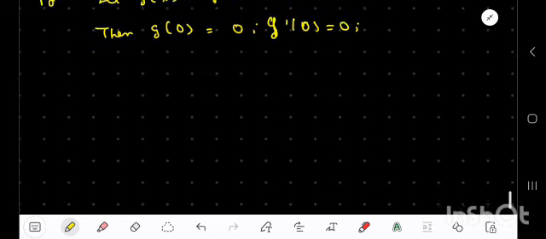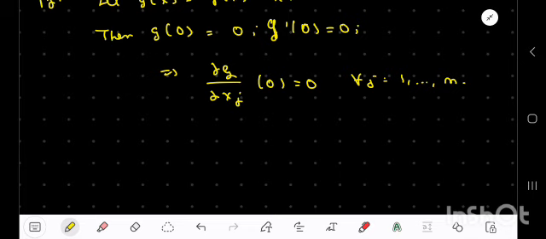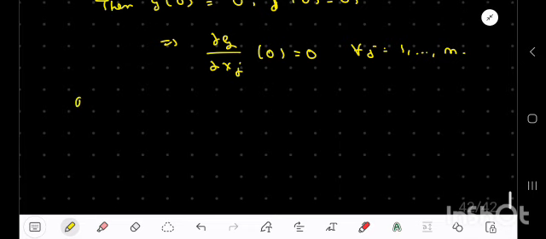Now once g prime at 0 is 0, this immediately implies that the partial derivatives of each of the components at the origin are still 0, right. Now we are given that g is continuously differentiable, that is, all its partial derivatives exist and are continuous.